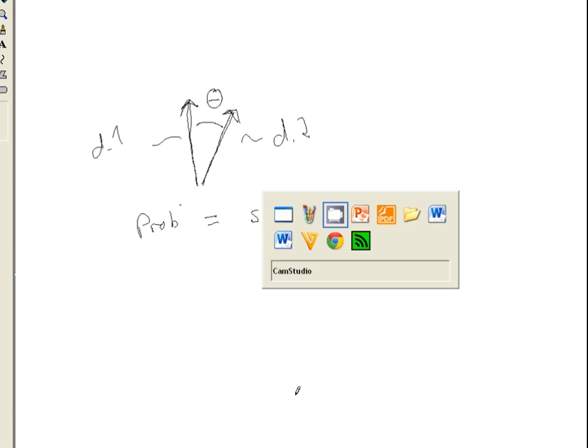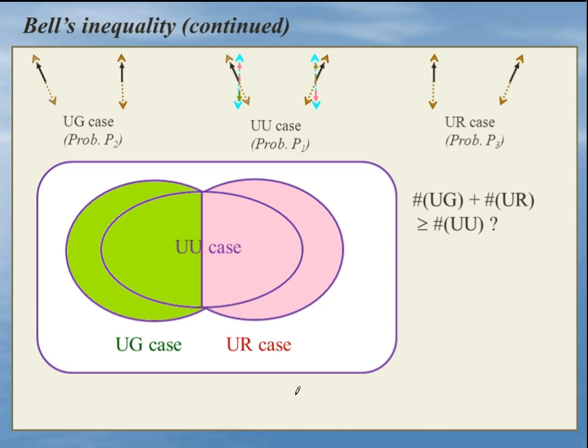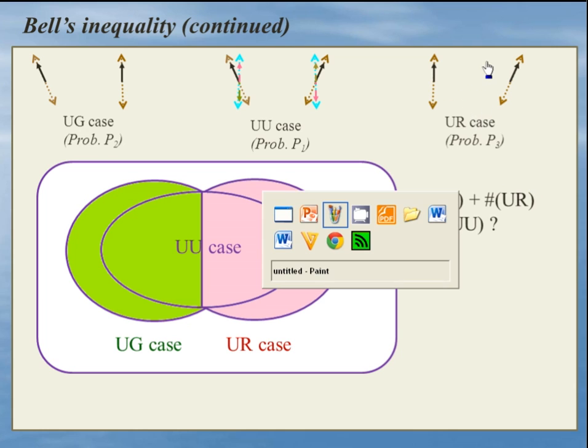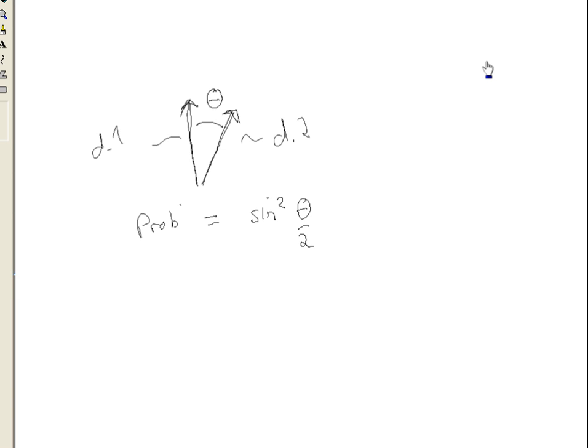Now notice, what I'm showing here corresponds to the UR case. So that means that the probability of UR is sine squared theta over 2.